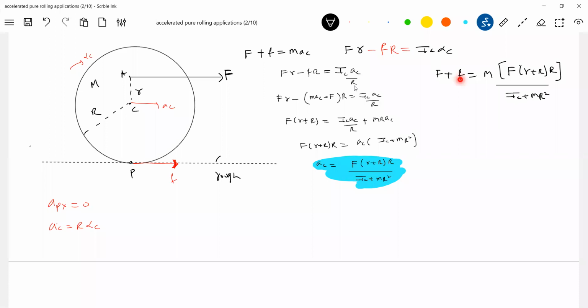We have to solve for small f, the friction force. Anybody got the value? IC minus M capital R small r. Check it once. Please somebody solve it fast.